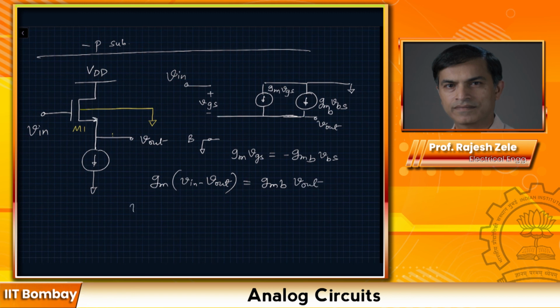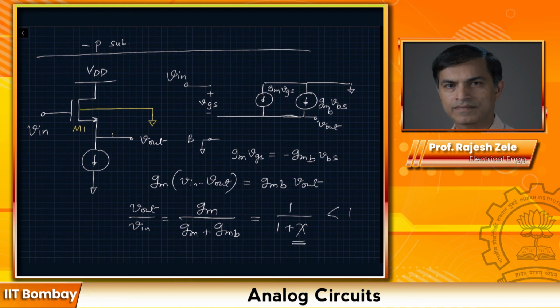And here we go, we get Vout divided by Vin is equal to gm divided by (gm plus gmb), which is equal to 1 divided by 1 plus the eta factor. So this should be less than 1. So in the MOSFET case, our gain is definitely less than 1 because of the body effect.